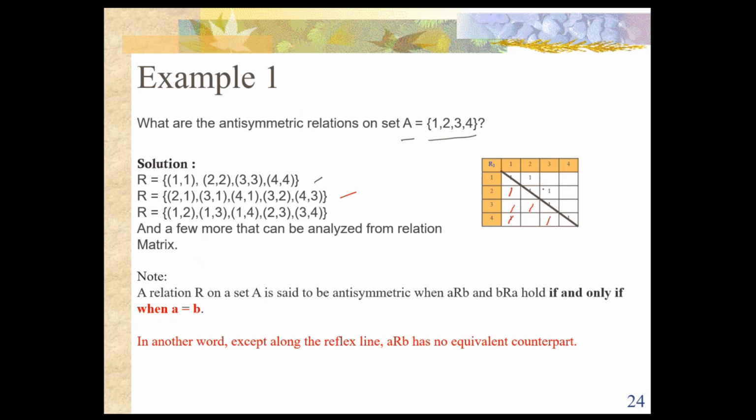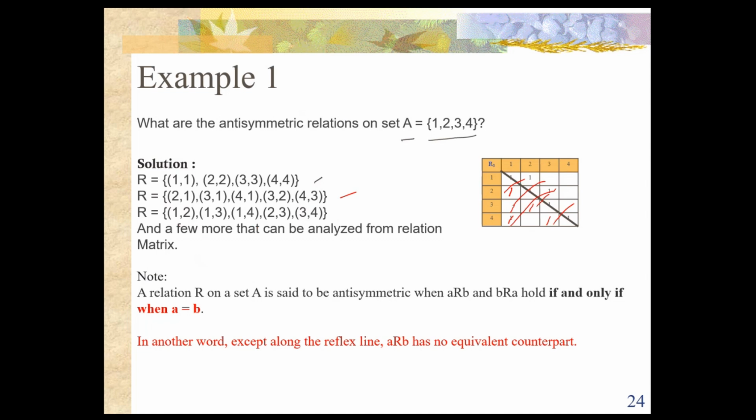Let's look at the red one only. Yeah, ignore the black one because I'm reusing the same matrix from the previous relation. So you see, is there any counterpart? The red ones only. Yeah. All right. So therefore, it's anti-symmetric. Yeah. How about the last one?